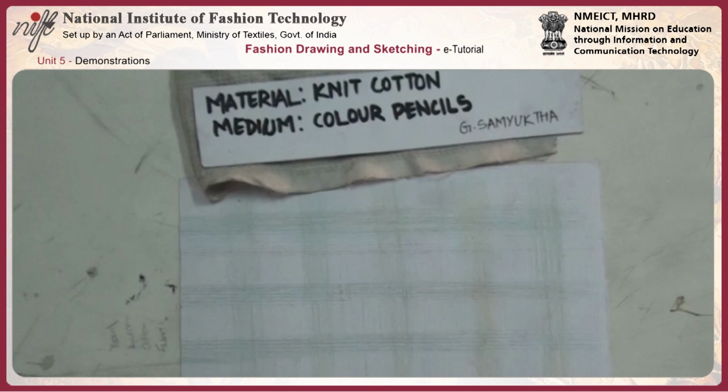One has to be keenly observing this fabric to see this checked pattern. The illustrator has rendered this check pattern in such a way that it is visible as a very dull check pattern in the rendering.